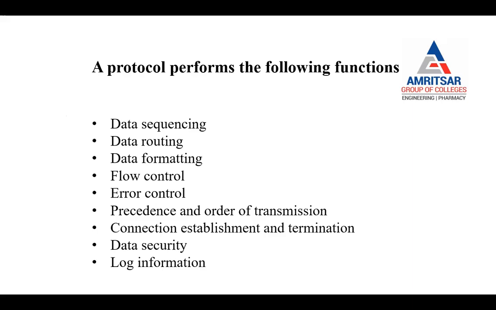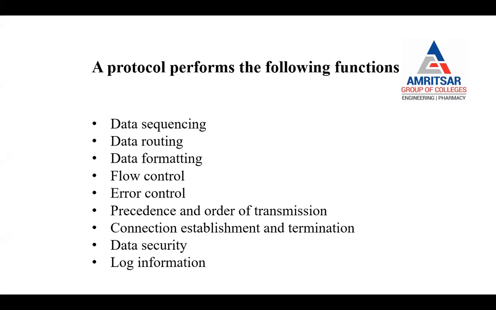Next, the protocol performs the following functions. A single protocol performs different tasks. First is data sequencing. Data sequencing refers to breaking a long message into small packets of fixed size.